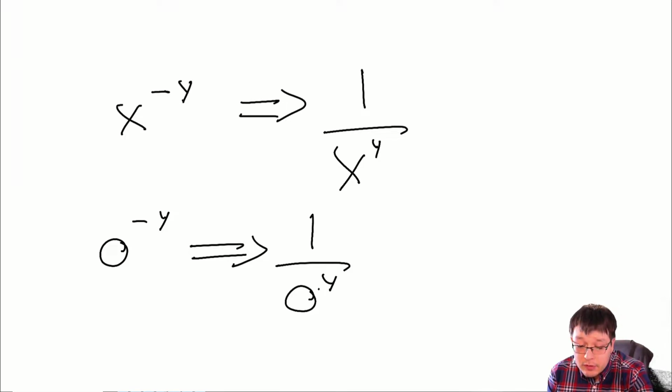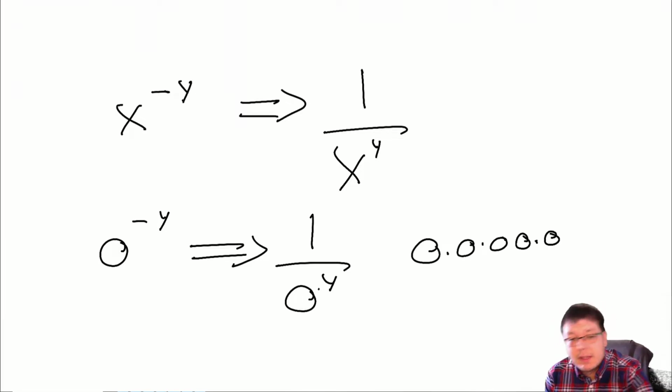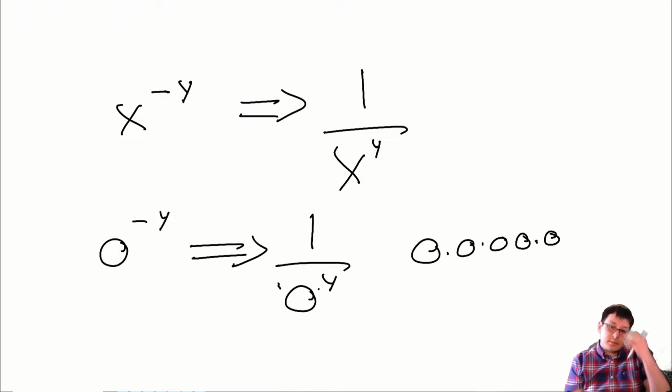Well, 0 to any power is going to end up being 0, right? No matter how many times you multiply times 0, you are going to end up with 0. And so you're dividing by 0 in this situation, and therefore you would have an error. So that's why it's a division by 0.